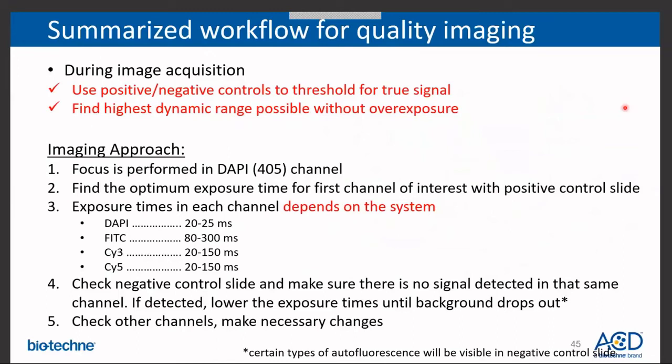So to summarize our best practices for imaging fluorescent RNAscope, use your positive and negative controls to threshold for what true RNAscope signal is. It really comes in handy, especially at the fluorescent microscope. What you want is to find the highest dynamic range possible without overexposing your sample.